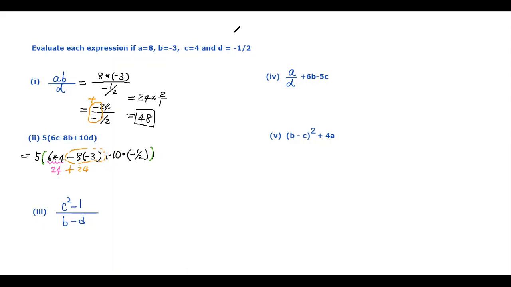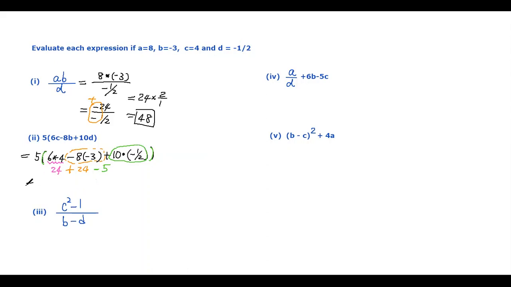Then the last term is 10 times negative 1/2, which is negative 5, because 10 times 1/2 is 5 and you have a negative sign.